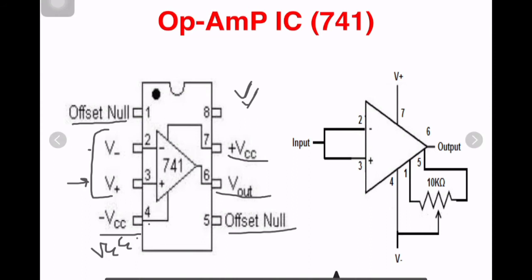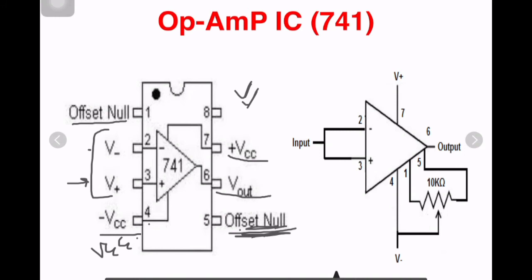an offset value. So to make the output 0, we have to apply some voltage at pin number 1 and 5, so that the output gets 0. Practically we have to give some voltage that is provided by the specifications given in the data sheet by the manufacturers.